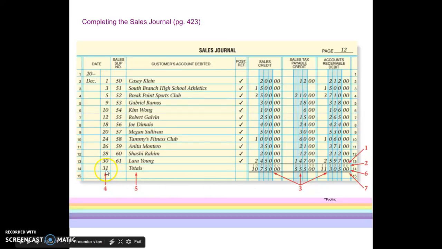After we have completed that and added the date here and the label totals, which is going to represent these numbers, we then double rule to indicate that the journal is complete. These numbers then will have to be posted to the general ledger accounts, the sales, sales tax payable, and accounts receivable controlling account.